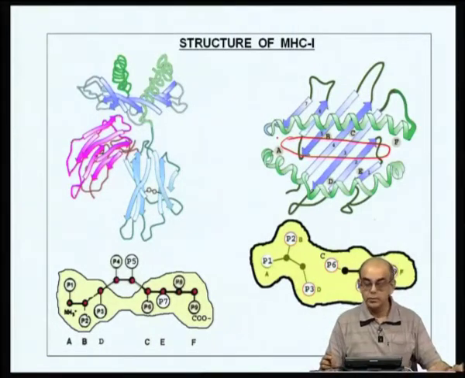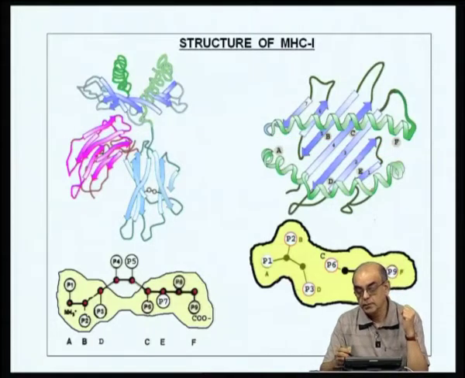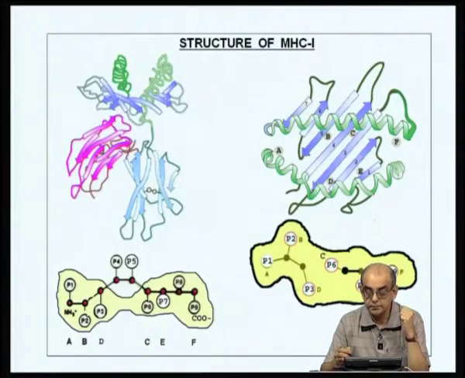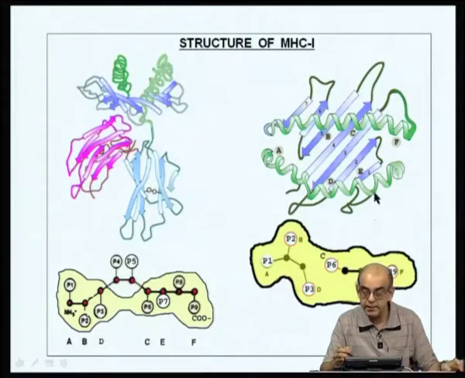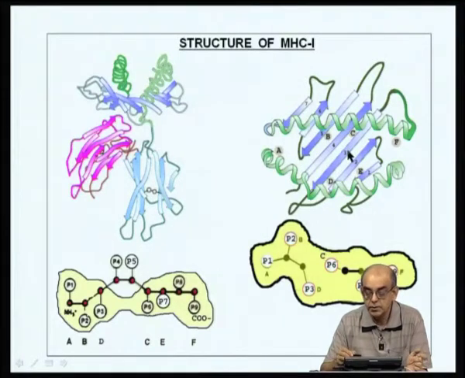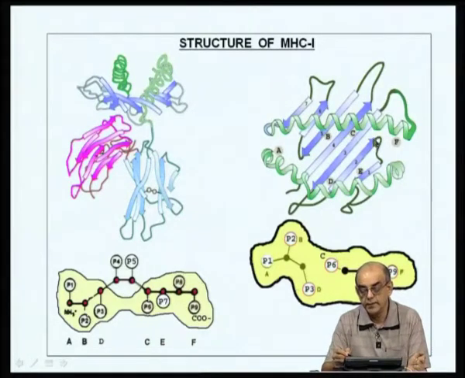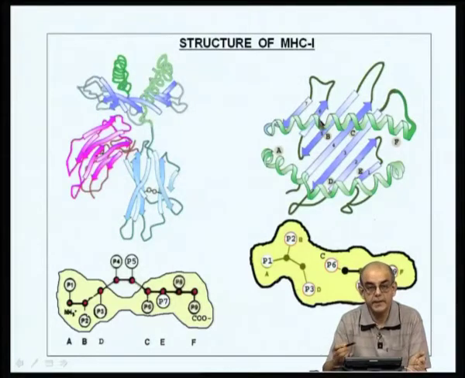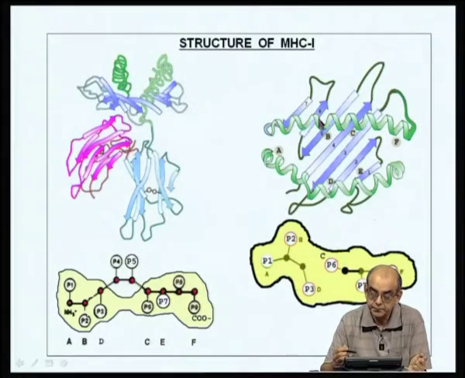And therefore, if you look at this MHC class 1 molecule, you see the presence of certain pockets, which are there even in the class 2 molecule. These pockets are called A, B, C, D, E and F. So, there are 6 pockets over here, and these are the beta pleated floor, as I mentioned to you earlier. These are the beta sheets, anti-parallel in nature.